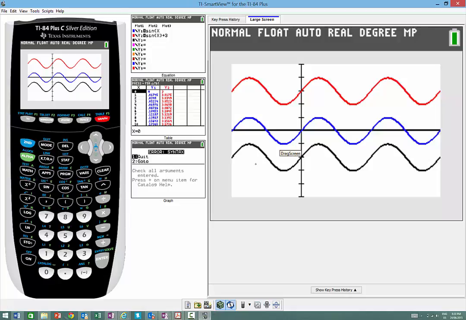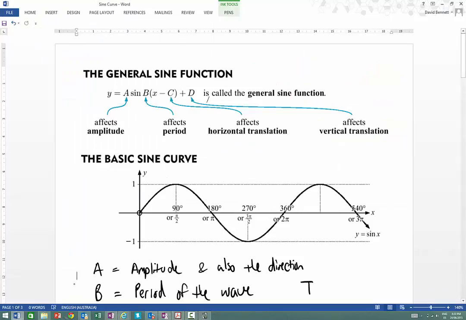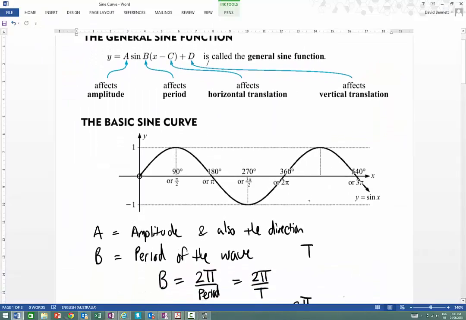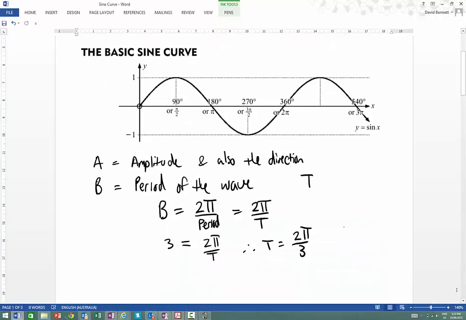Everything's being moved down 2 points. Alright, so I think it's pretty straightforward to see the D value. So our D value shifts the curve up or down.